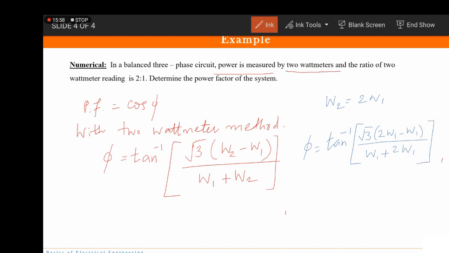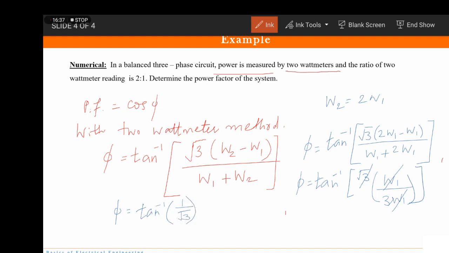After putting the values, phi comes out to be tan inverse root 3 times W1 upon 3W1, since 2W1 minus W1 is W1 and W1 plus 2W1 is 3W1. These W1 get cancelled, and root 3 also gets cancelled with 3. So here we get phi to be tan inverse 1 by root 3.